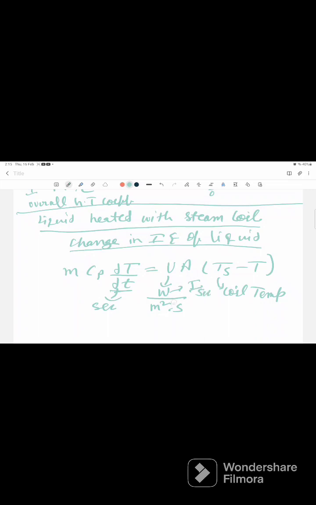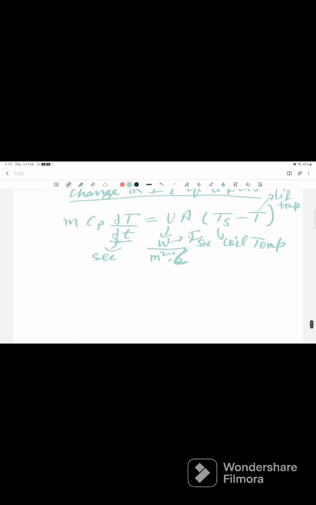Sorry, this is degree Celsius. So joule per second, this is the coil temperature, and this is the liquid temperature. So this is the rate of change, dT by dt.